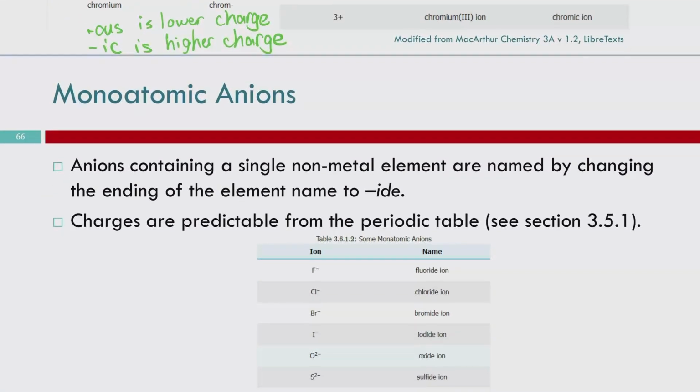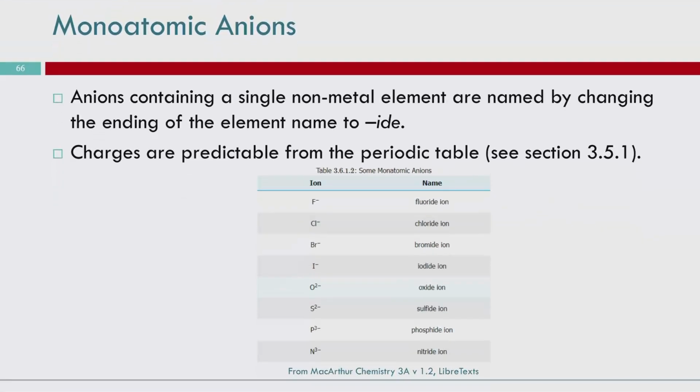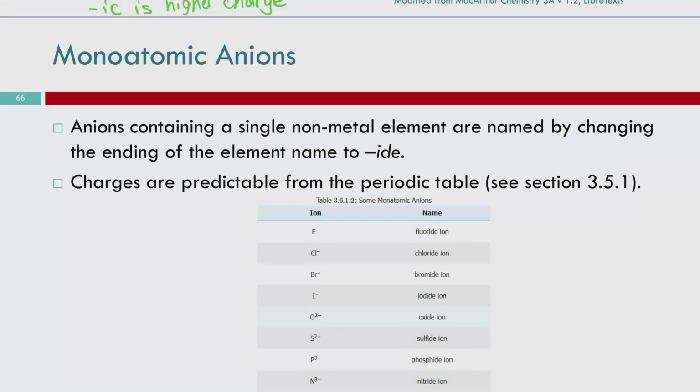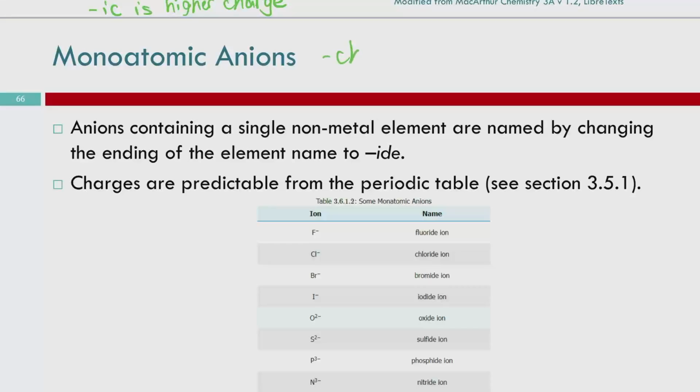So those are our cations. We also have our anions. If we have anions, negatively charged ions, where it's a single element, we change the ending to "ide." And we can also include ion at the end.